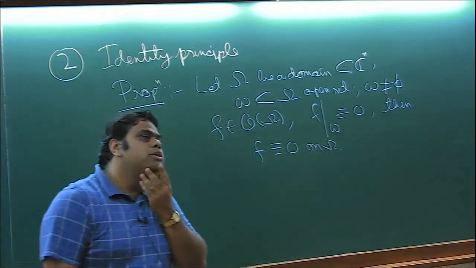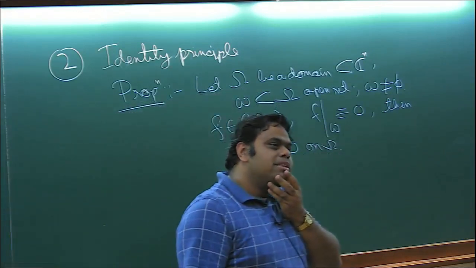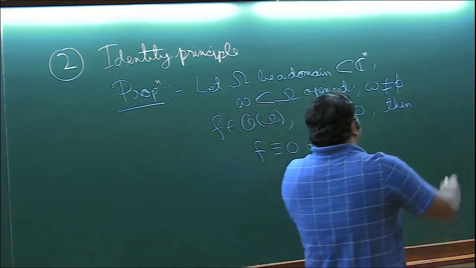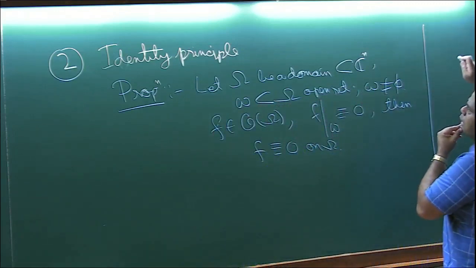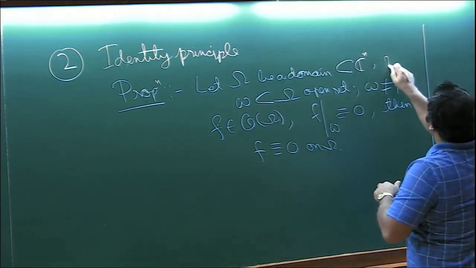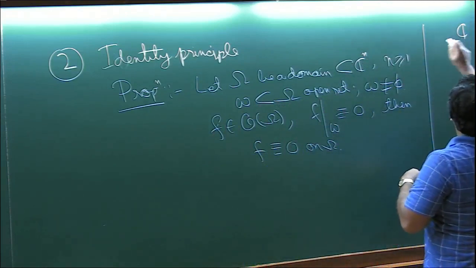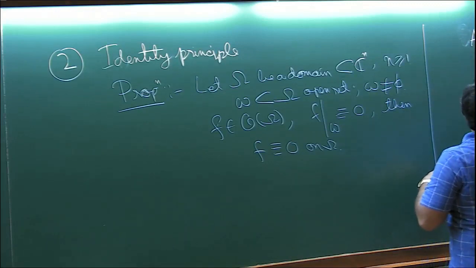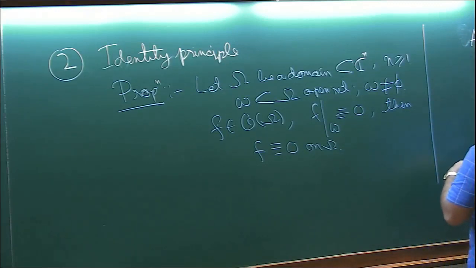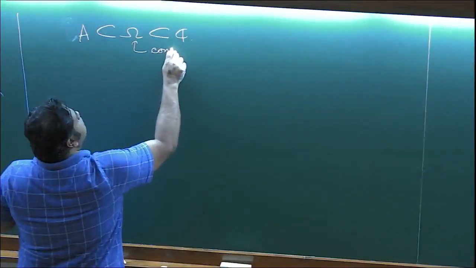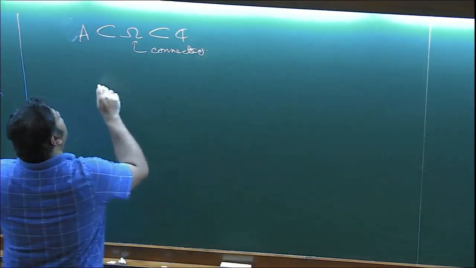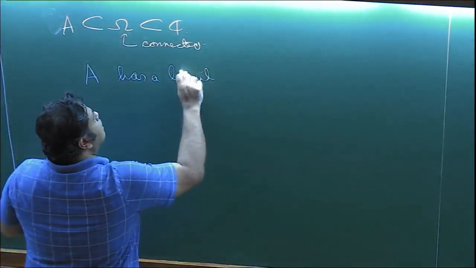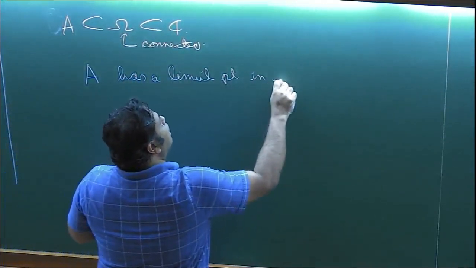Of course, this is well known to be true in one variable, but in one variable there is also a stronger version of this. I'm sure everybody remembers that. So what is that stronger version? Here I didn't say what n was; I should say n greater than or equal to 1. In C^1, suppose we have A ⊂ Ω ⊂ C, where Ω is connected, of course, and A has a limit point in Ω.